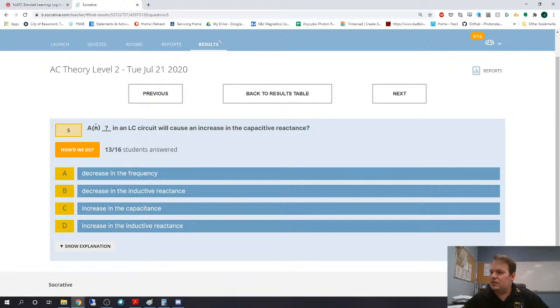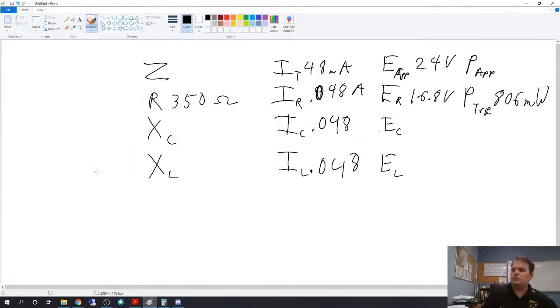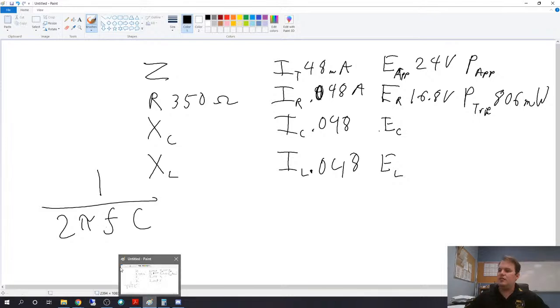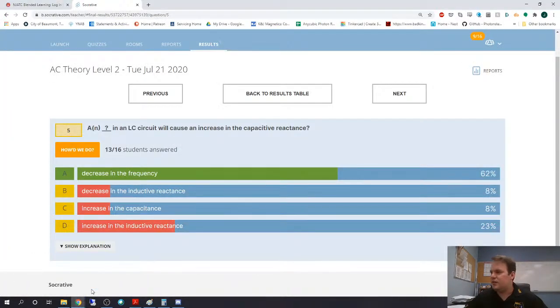Last and not least, a blank in an LC circuit will cause an increase in the capacitive reactance. An increase of the frequency. So just looking at your formulas, we're talking about capacitive reactance, 1 over 2 pi FC. We're looking for something that will increase capacitive reactance, right?